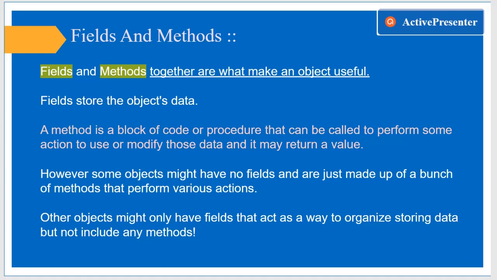So in some objects we have no fields, only methods which perform the operation, and in other cases we have no methods but we have fields. So fields and methods together are very useful in an object.